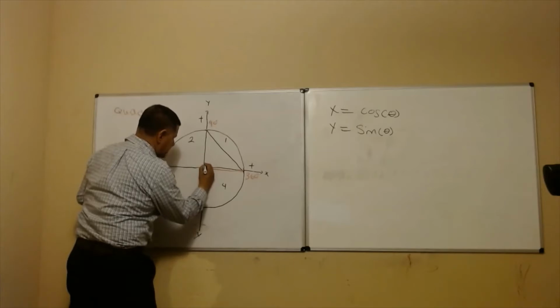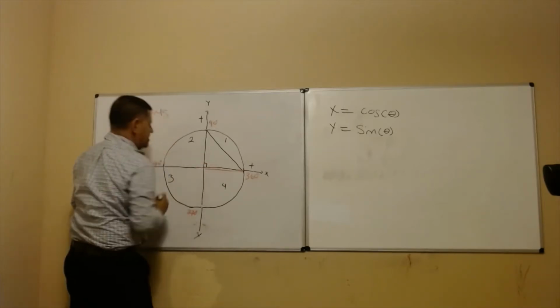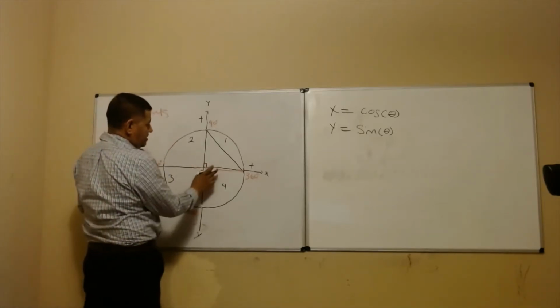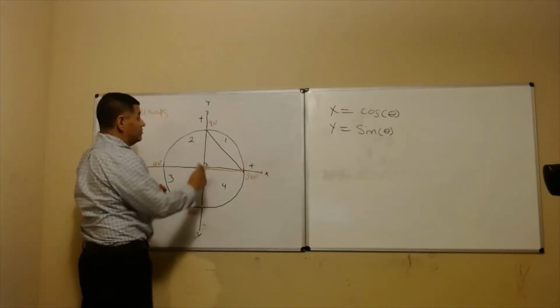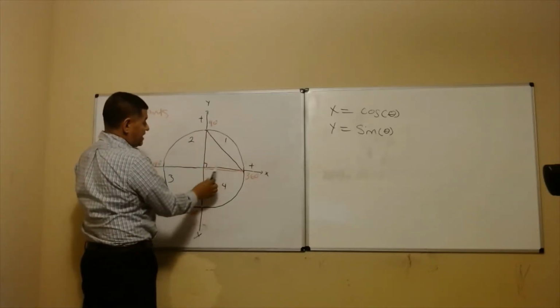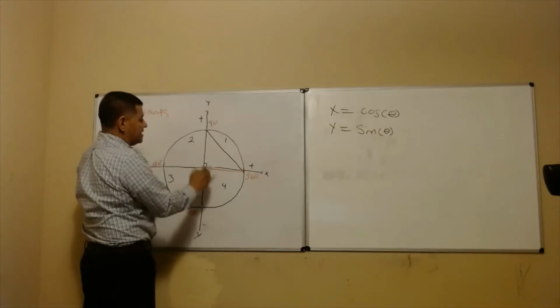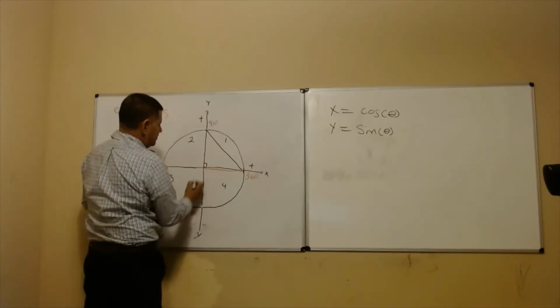Now notice that this angle is here. This is a right triangle because what? Because since it is 90 degrees, it's a right triangle, right?